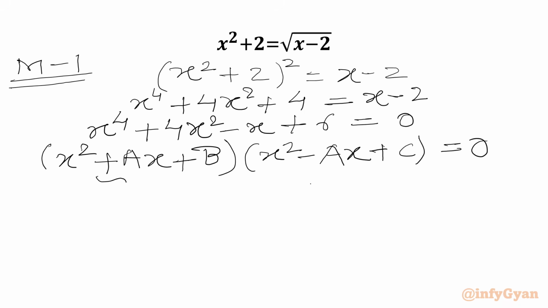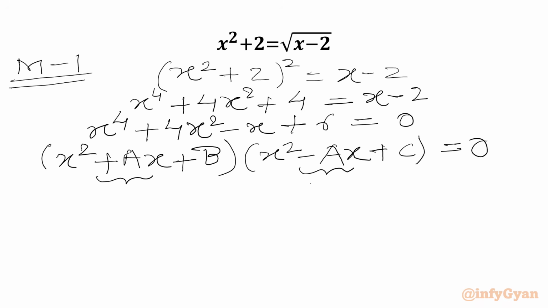We have taken plus a here and minus a here because x cube is missing, which is the sum of roots. From there we are getting sum of roots equal to 0. So we will consider the coefficient of x here plus a and here we can write minus a.